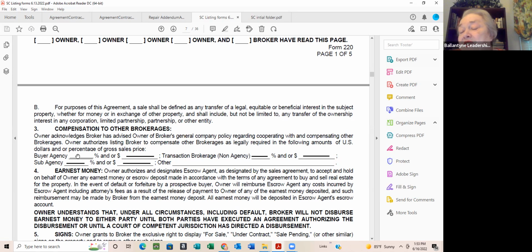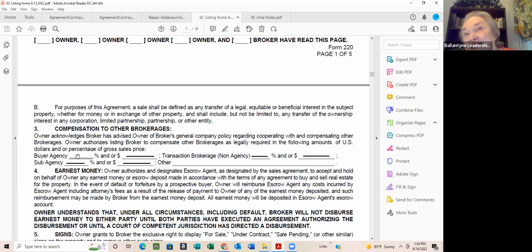Even if it's only a 0.5% difference, if you got 6%, we're seeing a lot of 3.5% that stay with the listing firm, but you're willing to split 2.5%. You do need to help your sellers to understand that when they offer a lesser amount to a buyer's agent, that does affect the sale.